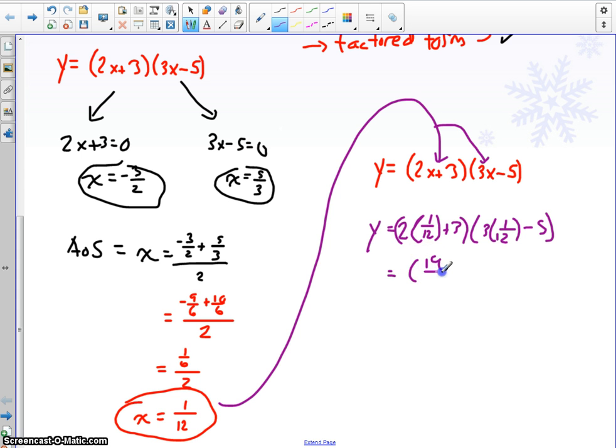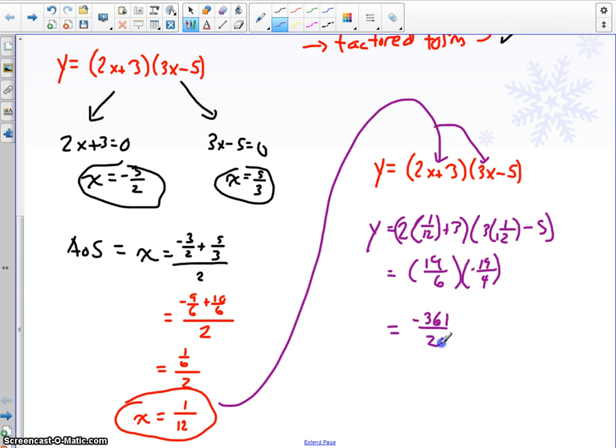Okay, simplifying with the fractions, I get 19 over 6 in here, and negative 19 over 4 in here. So I multiply those together, I get negative 361 over 24.